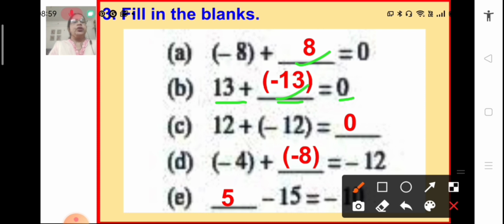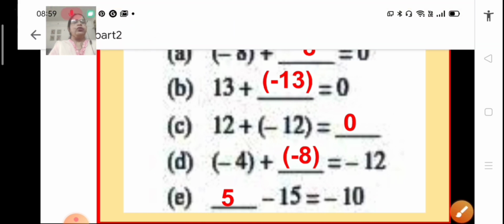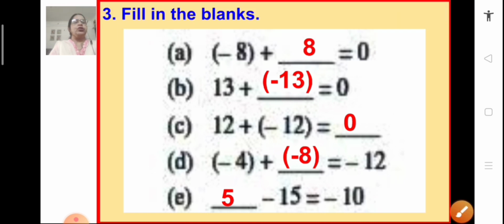C, 12 plus minus 12 or negative 12 is 0, isn't it? When we add the additive inverse of the number, it becomes 0. D, negative 4 plus dash is equal to negative 12.